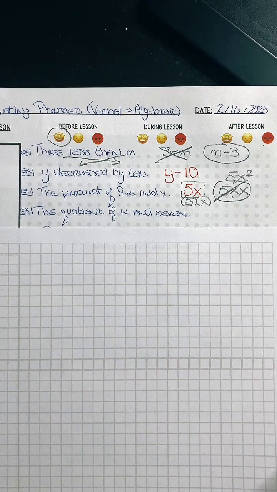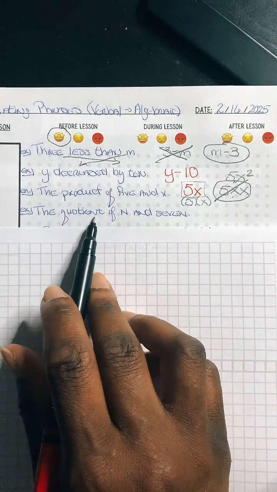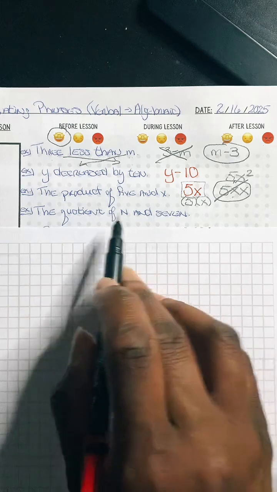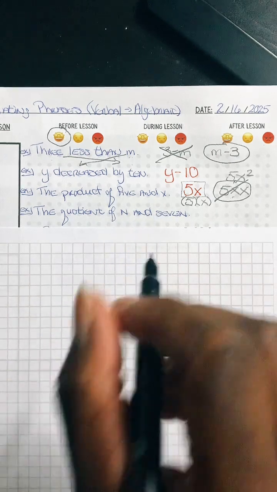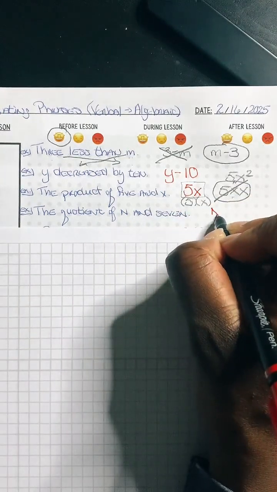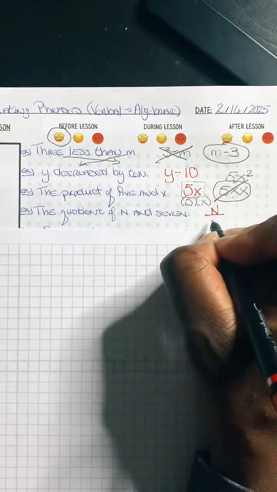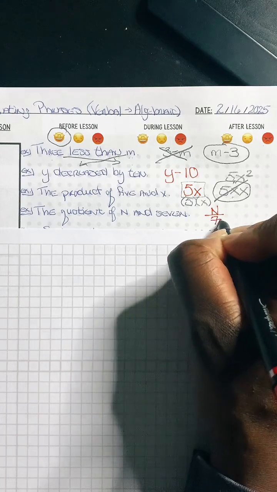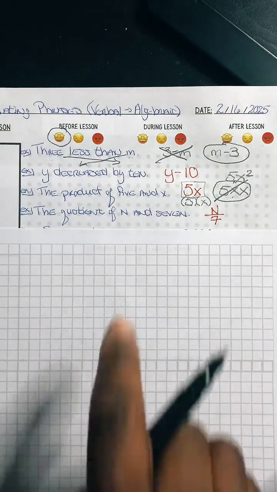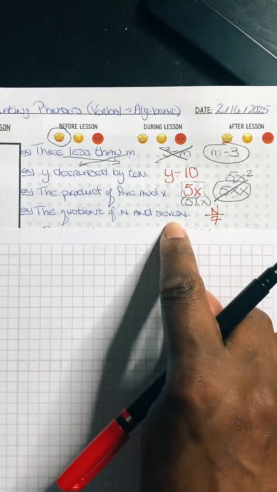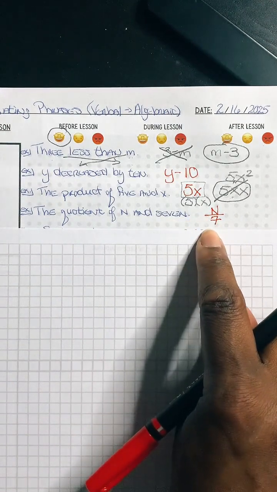I haven't done algebra in so long, I'm lost. It's okay. All we're doing is translating. Quotient means division, so the first number you get, in this case the n, will be your numerator, and the next number that follows will be your denominator. So all we're doing is translating from words to a fraction.